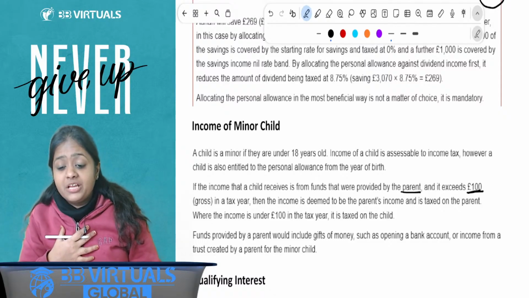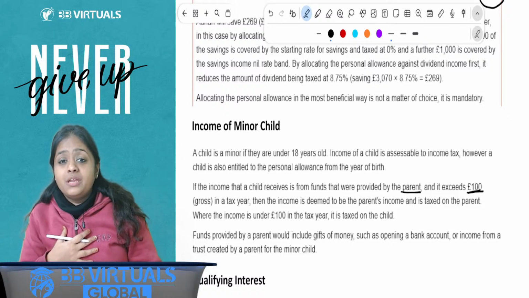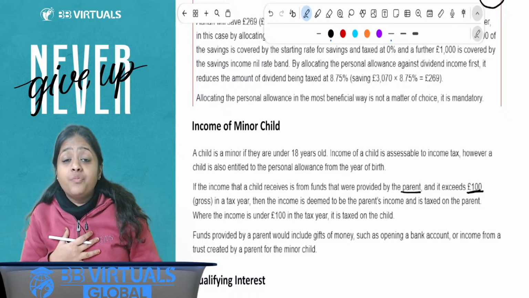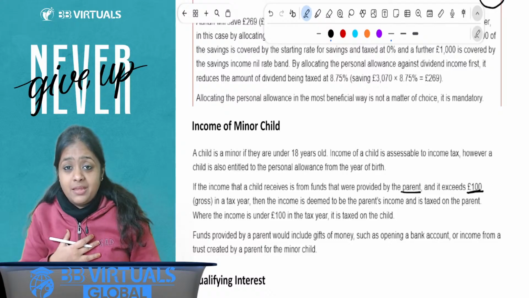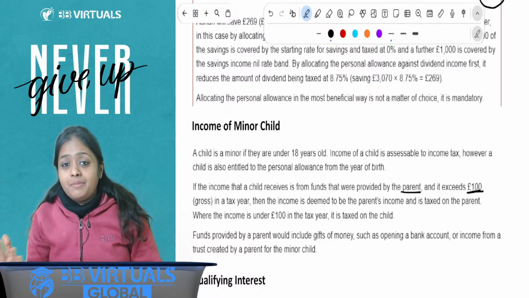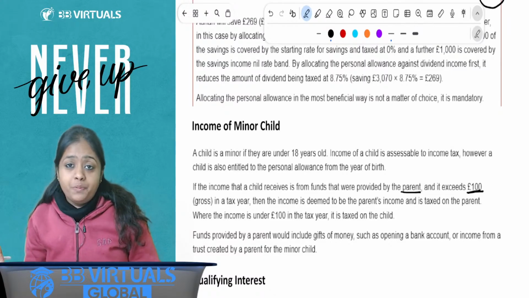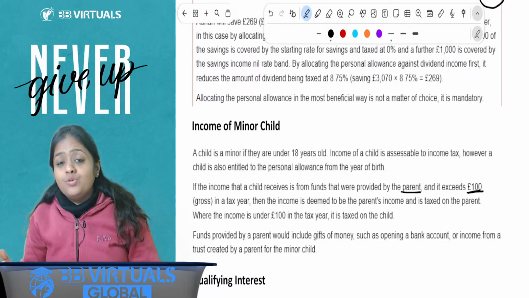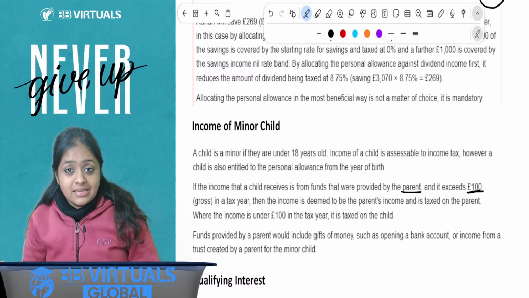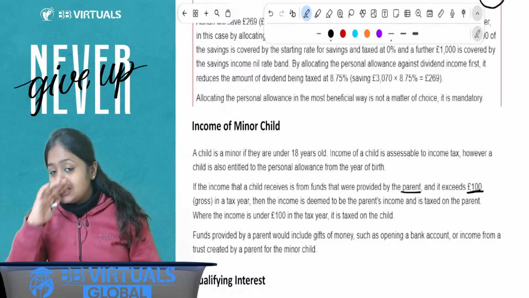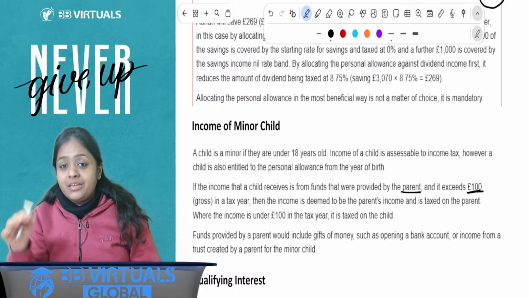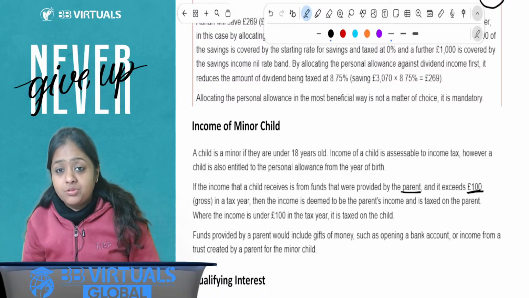Let's say I have opened an FD account for my children, and instead of putting interest in my name, because then it will be added to my income and I'll have to pay taxes on it, I transfer it in the name of my minor child. Now in that case the child will be earning the income and ideally he should be put to tax.